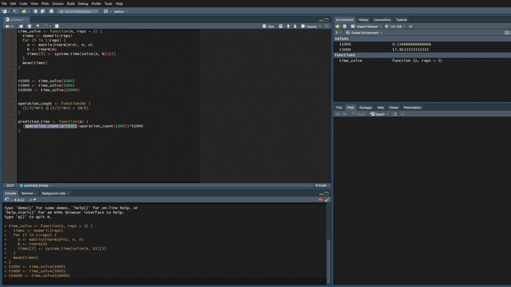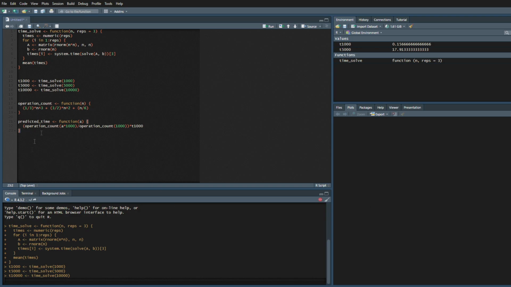This is just computing this function. It's going to take no time at all to figure this out. For a system of equations that's a times 1,000 by a times 1,000, we'll take that ratio divided by the operation count of 1,000. We're taking that ratio and multiplying by the time it took the system to solve a 1,000 by 1,000 system of equations. And so this is going to give us an estimate for the time it will take to solve an a times 1,000 by a times 1,000 system of equations.